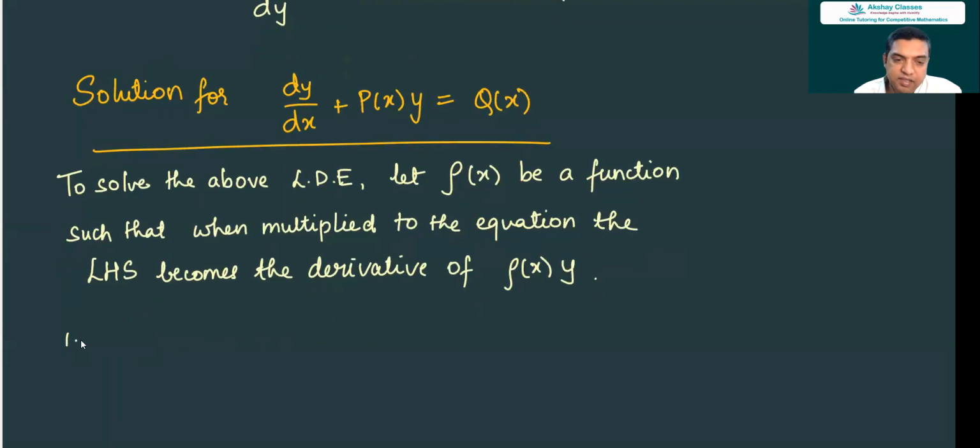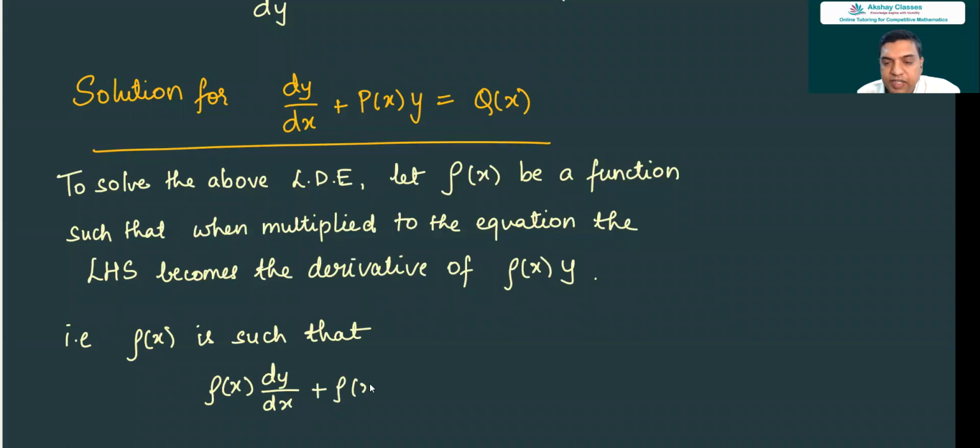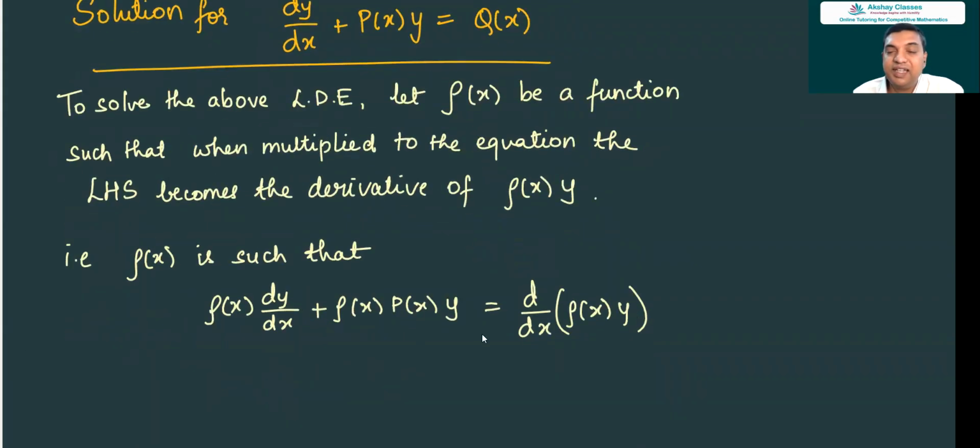That is, rho of x is such that rho of x dy by dx plus rho of x into p of x y is equal to d by dx of rho of x y. So what we call it as, the left hand side is the total derivative. Okay, we call like this.